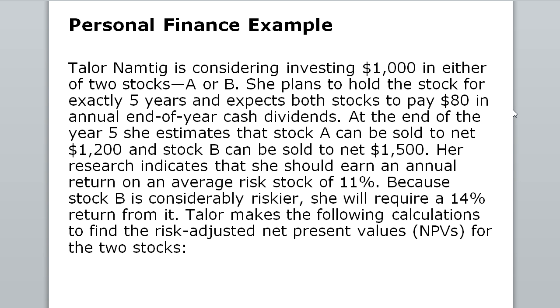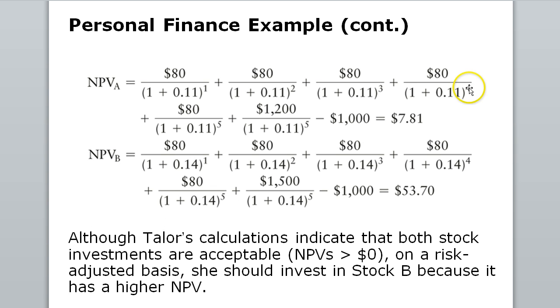So she's going to make the following calculations to get risk-adjusted present values for the two stocks. Here she's taking the $80 dividends and dividing by 1 plus 11%, the risk-adjusted discount rate for stock A, and then of course the remaining $1,200 when she sells the stock, minus the initial investment, gives us a $7.81 net present value.